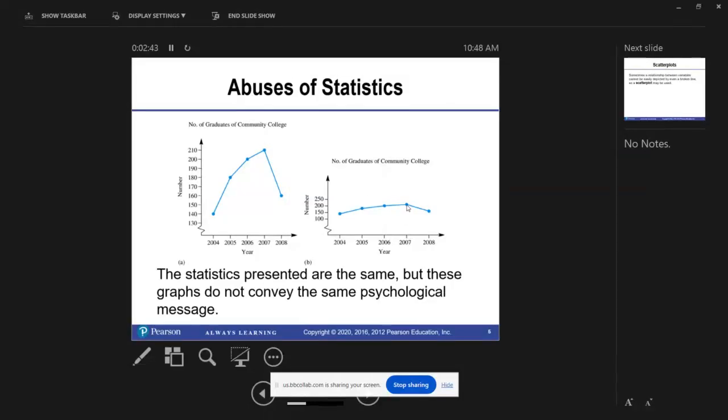Well, when you're going by 50s, 210 doesn't look like as much of a change as what we're seeing here. Okay. So it's really going to be important to make sure that you use a good scale whenever you're making the graphs, so that the presentation reveals what you want it to reveal and isn't misleading.